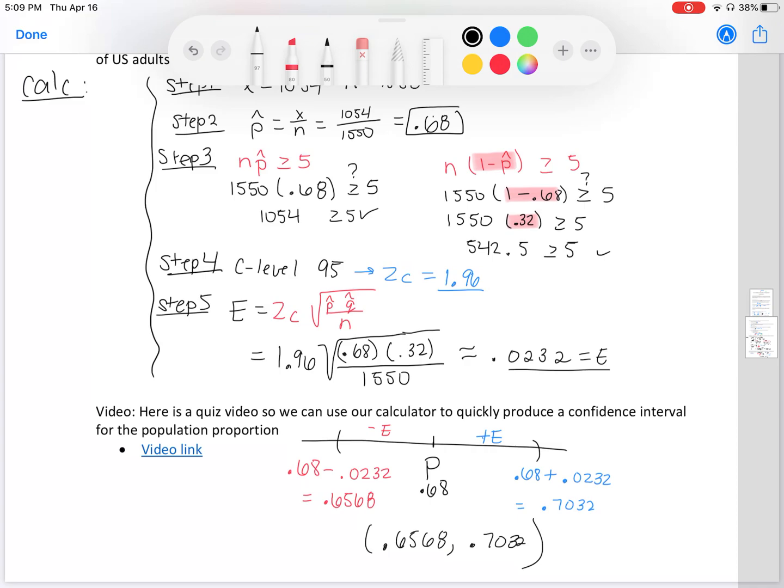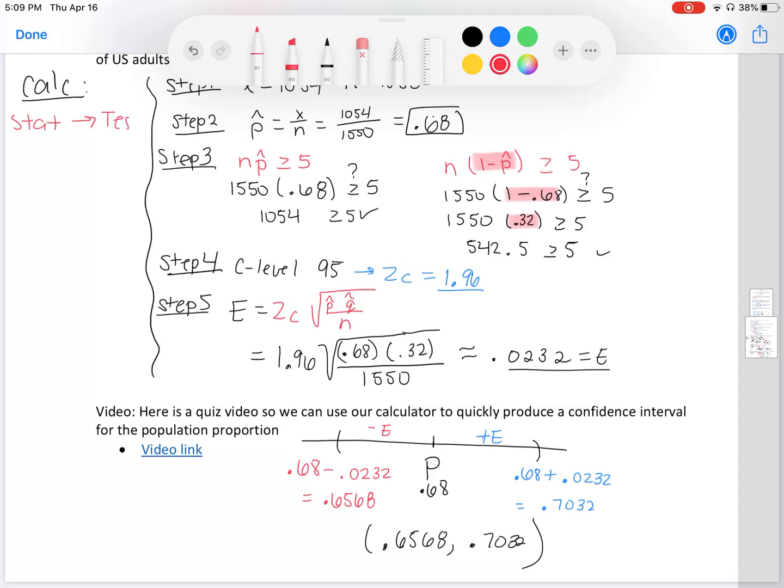Now the work isn't so bad, but it is lengthy. Luckily, we have our calculator to guide us through this process. So for our calculator, we're going to start off by turning it on and pressing the Stat button.